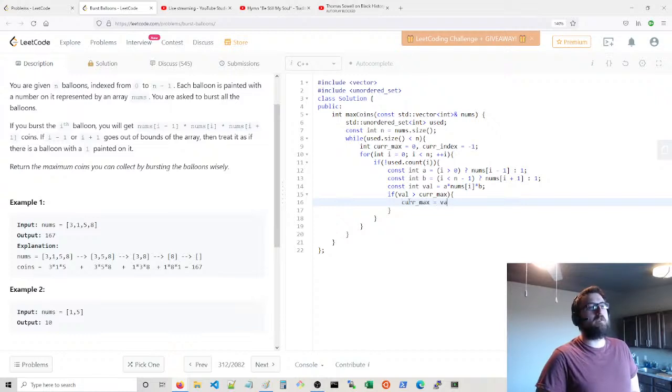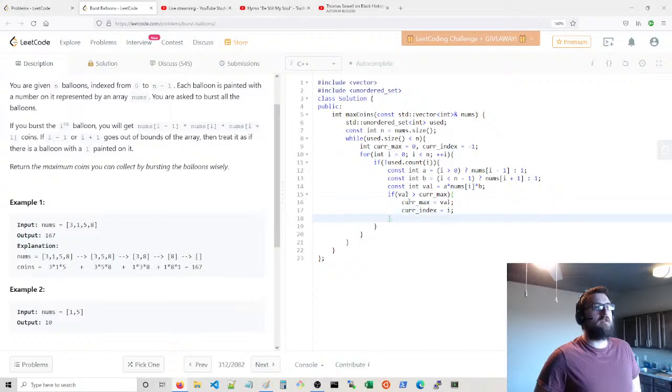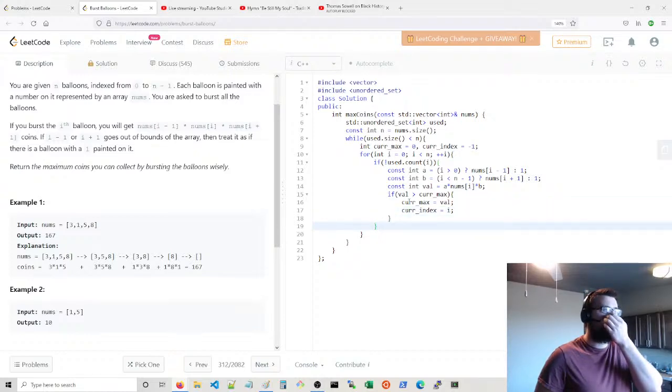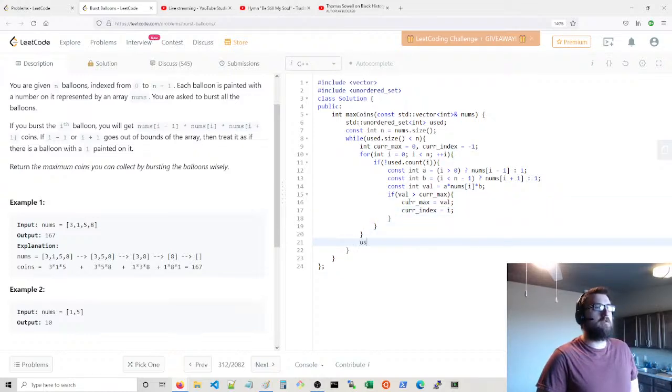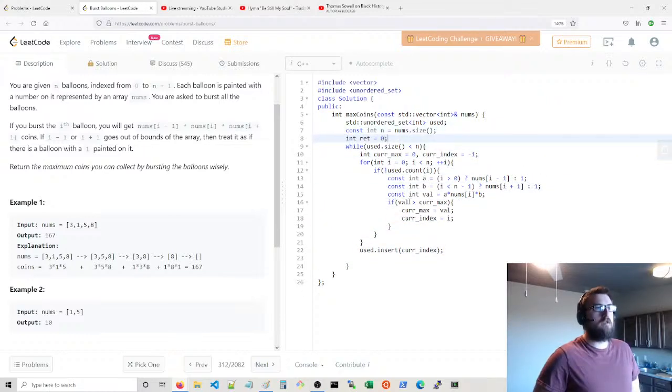So update the current max and update the current index to that value. And then after we do that, we'll say used insert current index. We'll say ret at the end. Ret plus equals current max.